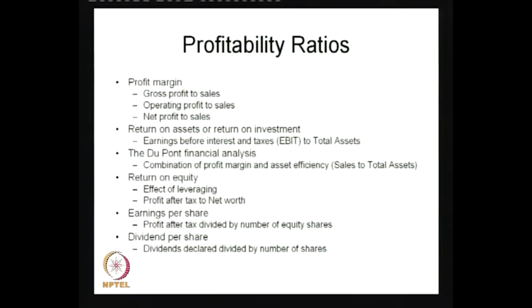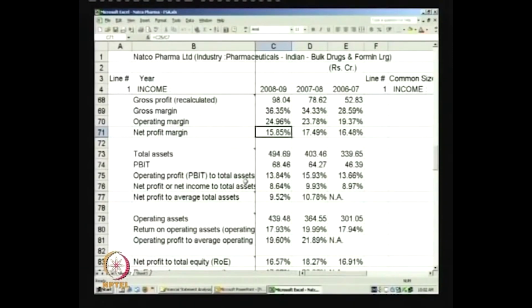So, if we go back to our example, we have the profit before interest and tax for this company as 68.46, which was 64.27 earlier, and 46.39 before that. This profit before interest and tax can also be called operating profit. The total assets of this company are 494.69 in 2008-9, and PBIT is 68.46.